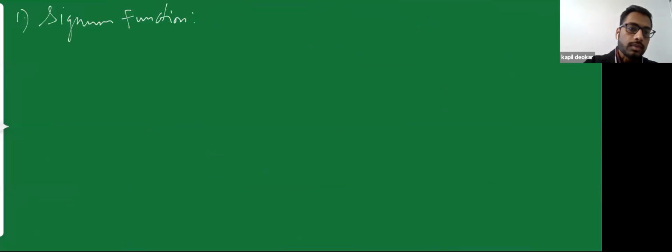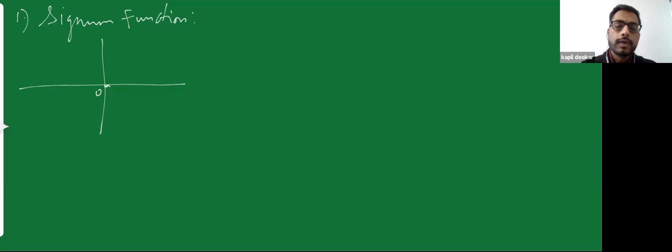Next, we'll see what are piecewise defined functions. So the first one is the signum function. I'll draw the graph so that it is very clear. If the value of x is 0, the value of y is also 0.